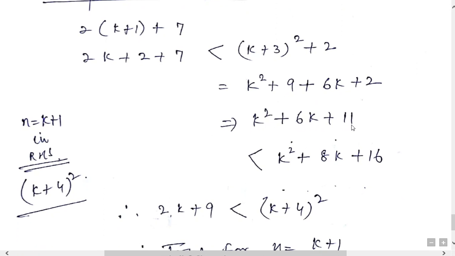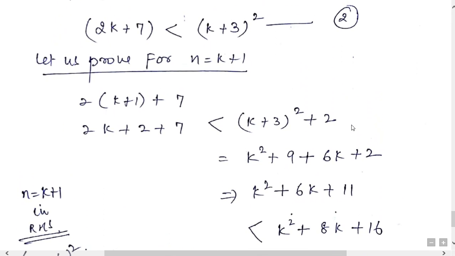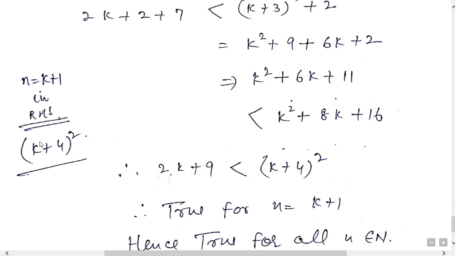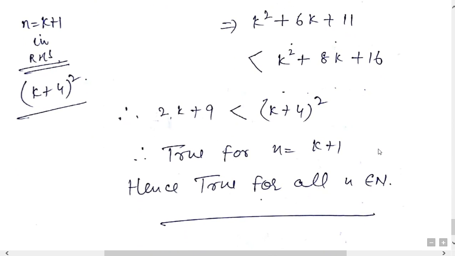Now the term is not equivalent to the right hand side. Basically, we have to prove k plus 4 whole square. k plus 4 whole square can be written as k square plus 16 plus 8k. It means this term is less than k square plus 8k plus 16. It means 2k plus 1 is less than k plus 4 whole square. It means true for n is equal to k plus 1.